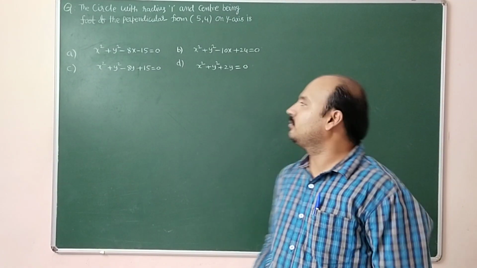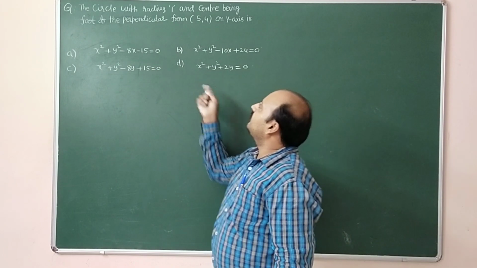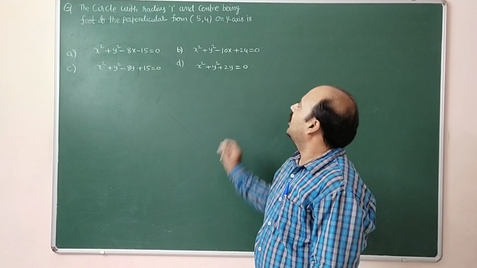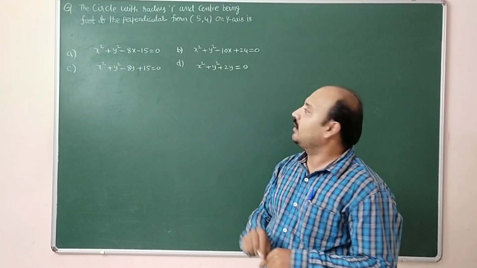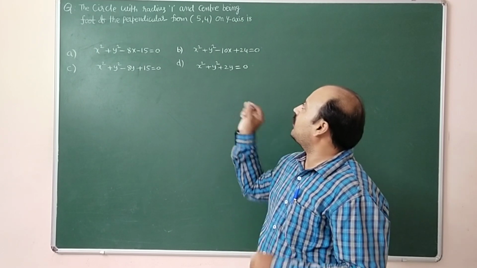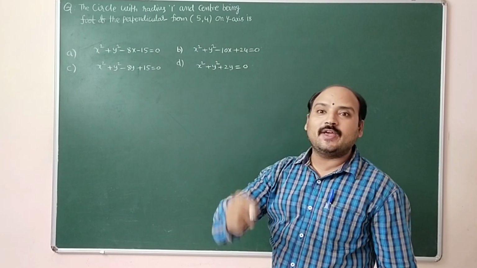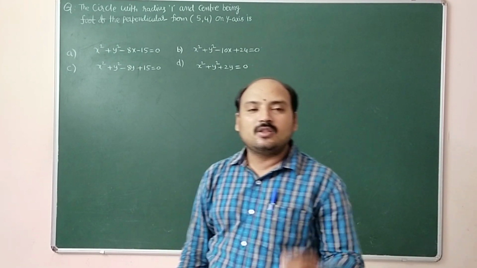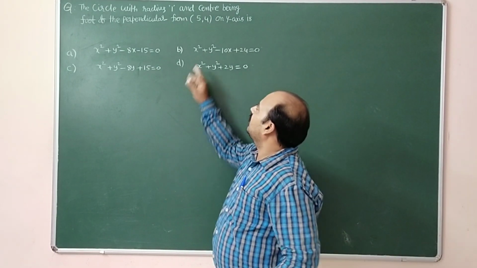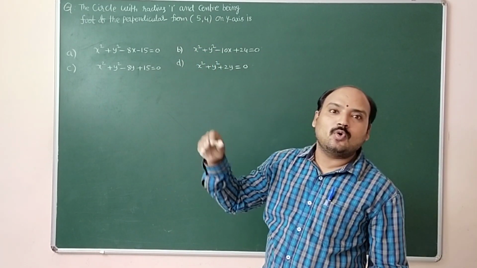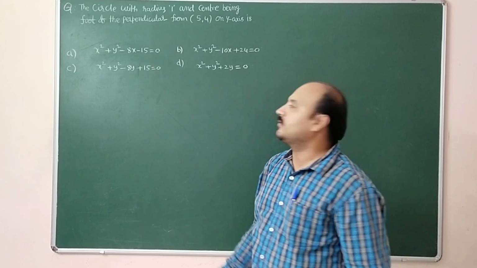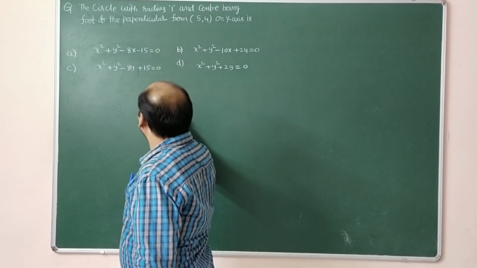The next question. The circle with radius 1 and center being the foot of the perpendicular from (5, 4) on the y-axis. The foot of the perpendicular from (5, 4) to the y-axis. So I am drawing just a rough diagram.